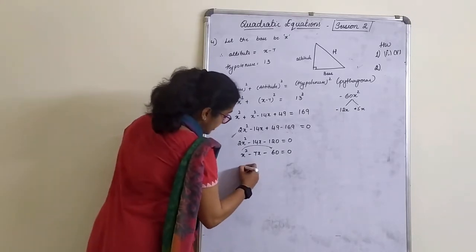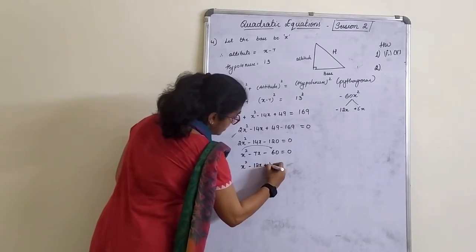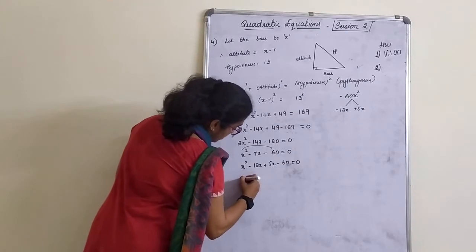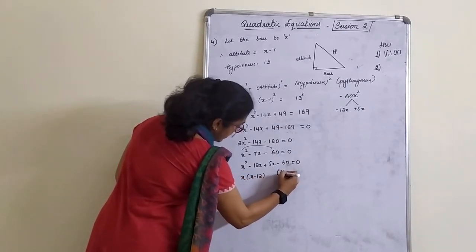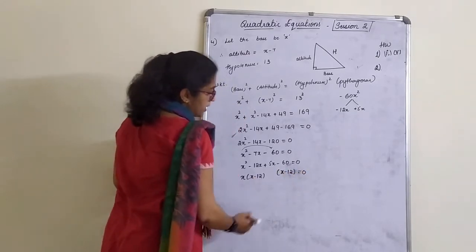So split and write x square minus 12x plus 5x minus 60 is equal to 0. x common, x minus 12, here also x minus 12. Now x into what should give you plus 5x?